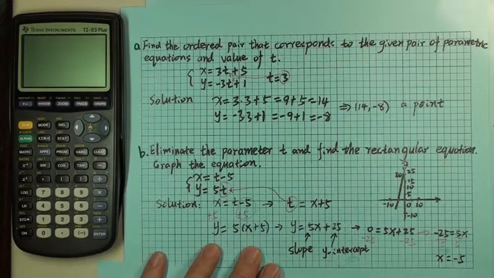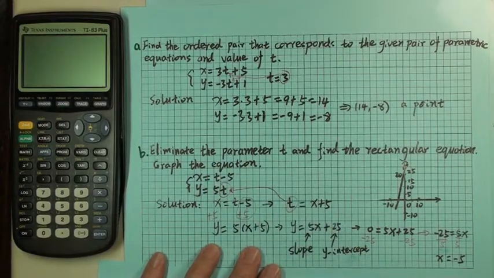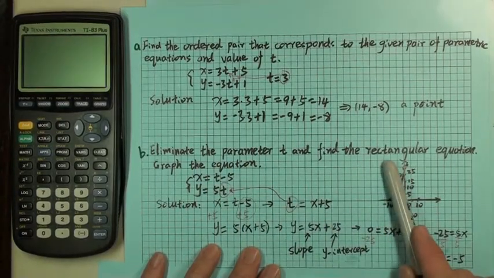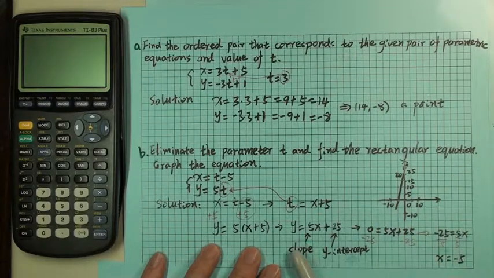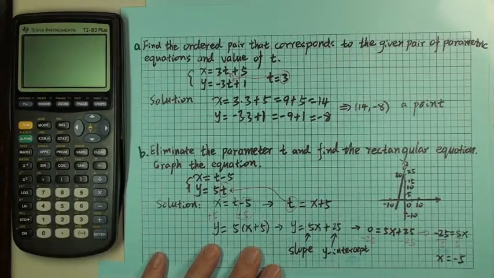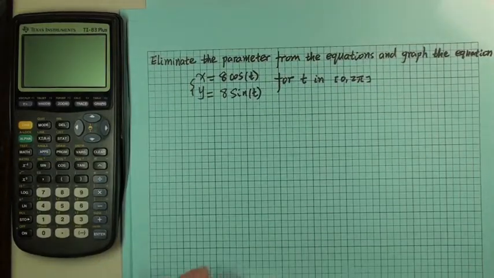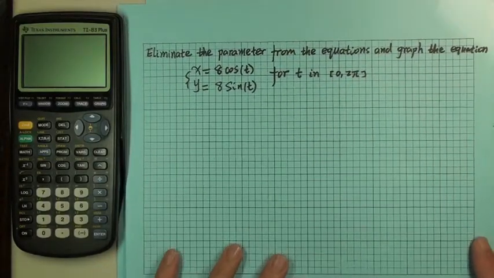Now this is by eliminating the parameter t and finding the rectangular equation, like this linear equation, and then you can graph. Sometimes this way may not work well if you have a trigonometric function involved.